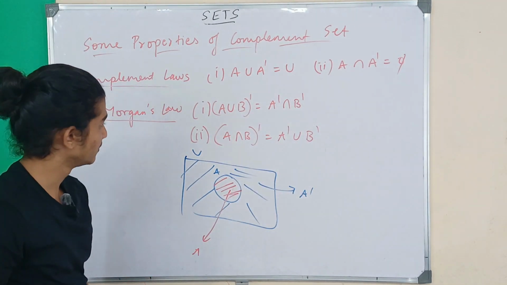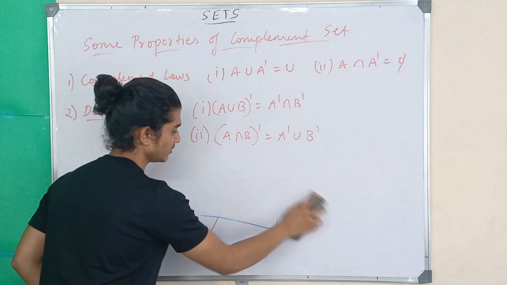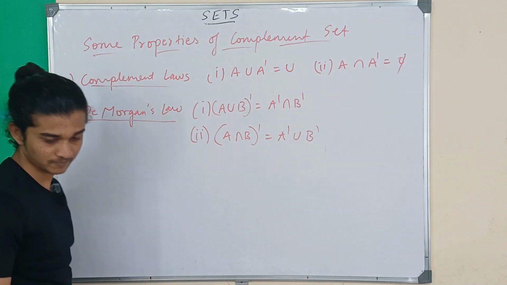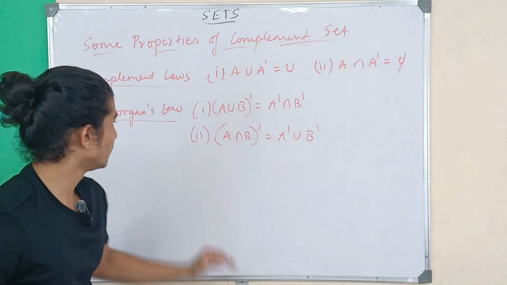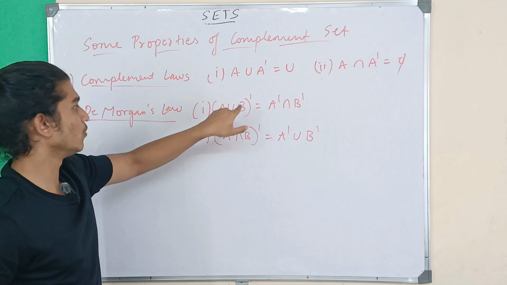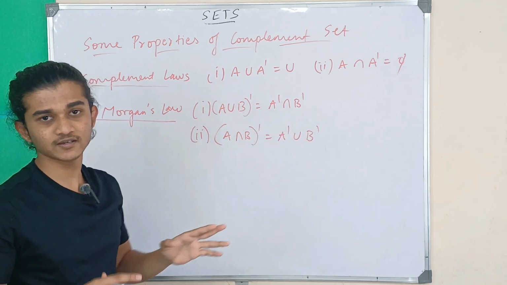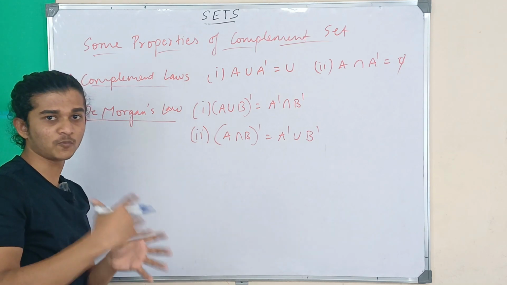Now the next one is the important one, which is De Morgan's law. De Morgan's law gave this beautiful property of the complement of a set. It basically says A union B whole complement is A complement intersection B complement. It's like turning everything to the opposite side.